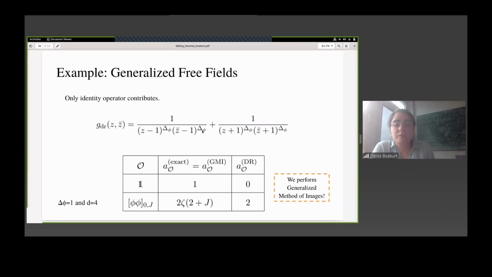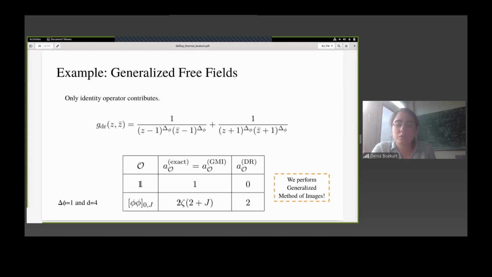And then once we expand these two factors in terms of the OPE, we can see that we don't see the contribution of the identity in the dispersion relation. And for the double twist operators, we only see the leading behavior. We only see this 2, which is the leading factor in this exact OPE coefficient that we were expecting to see.